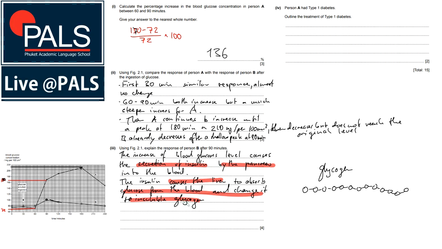Not 1, 2, 3, 4. Maybe we get 1 point as well for liver absorbing glucose, and then a 5th potential point for changing it to glycogen and storing it.